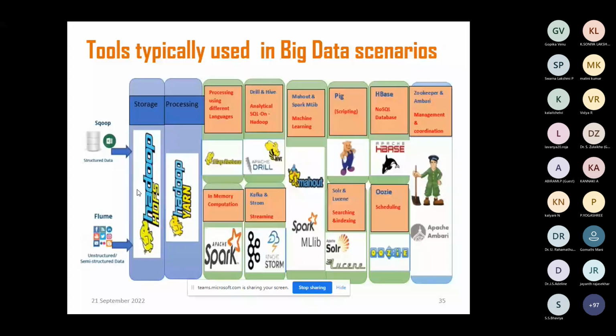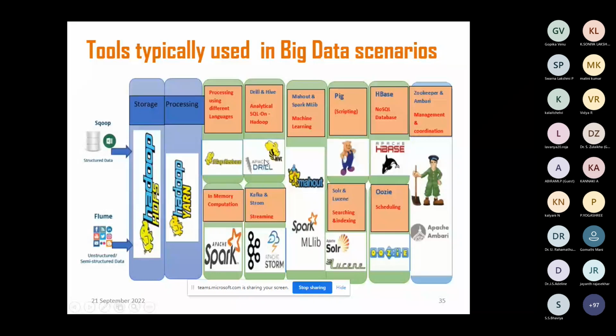If I'm not good in Java, or if I'm not good in Scala, which is being executed on Spark, so if I'm not familiar with this technology, but I'm smart and good enough in a database, then I can think about adopting this Hive and handling query processing. So Drill and Hive are the tools available to handle this.